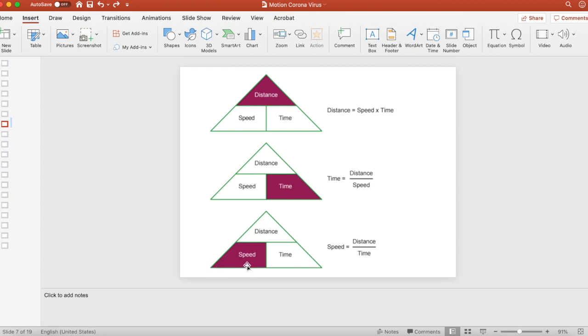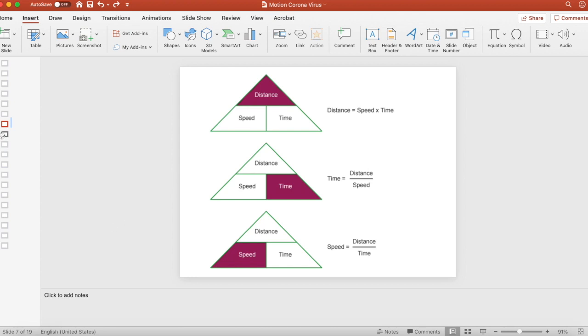Or let's say you're trying to figure out the speed of something. You're going to look right here. Speed equals distance divided by time. So this little line right here, separating distance from everything, is the division sign, or the dividing line. And then if they're next to each other, you're going to multiply. Hopefully that makes sense.